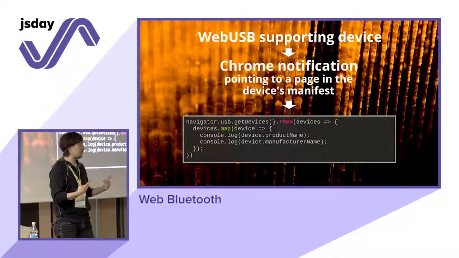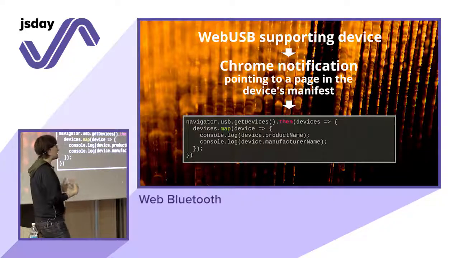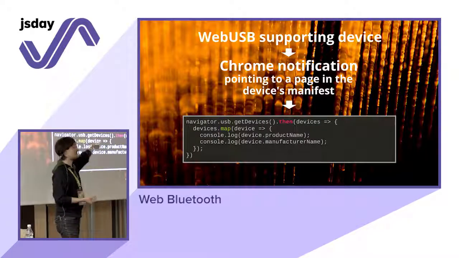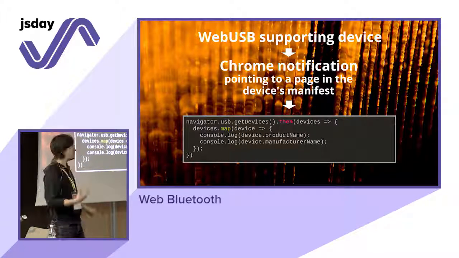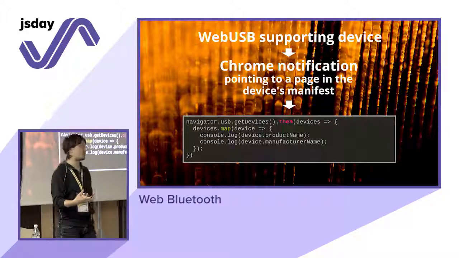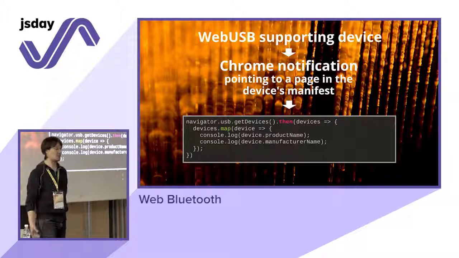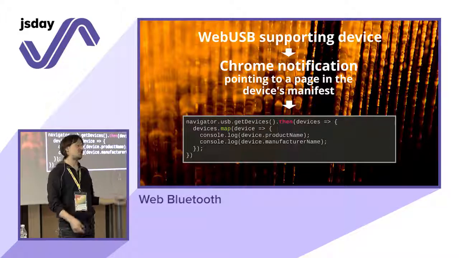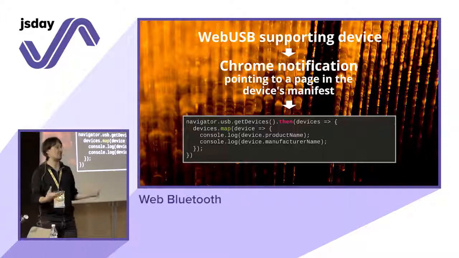And this URL, when clicked, loads a page that now has the permission to access the device. Once the device has been accessed, you have high-level access, like printing the product name and manufacturer name, but you also have a very low-level API to go down to the port and actually perform operations.